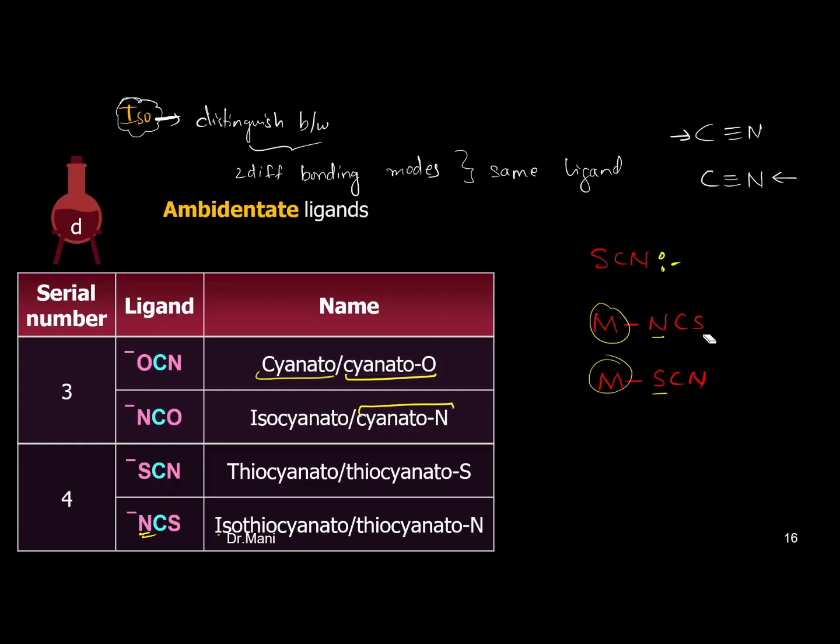So in this case, the bond is happening through the nitrogen atom. In this case, the bond is happening through the sulfur atom. So remember this. Is it clear?